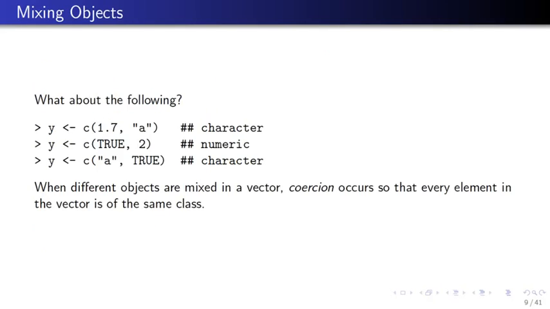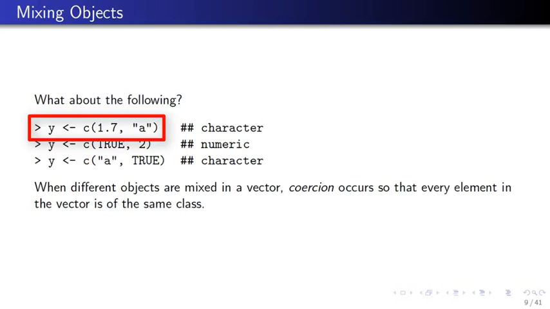So what happens if you create a vector and you mix two different types of objects? The general rule is that R will create the least common denominator vector. It will not give you an error, but it will coerce the vector to be the class that's the least common denominator. So here in this first example, I'm concatenating the number 1.7 and the letter a.